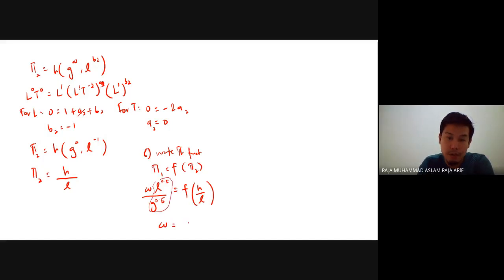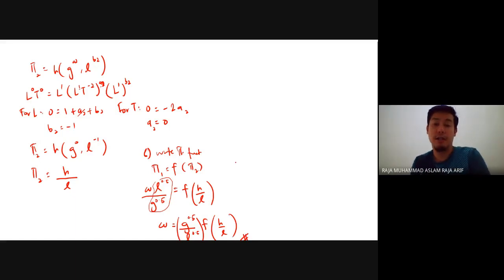Omega will be g^0.5 over L^0.5 times a function of h over L. Okay, so this will be the final answer. That's all from me. I hope it helps you for your revision for chapter 5.